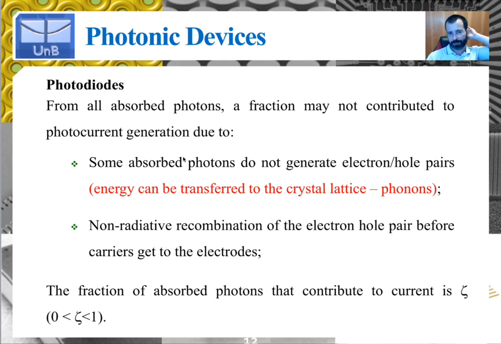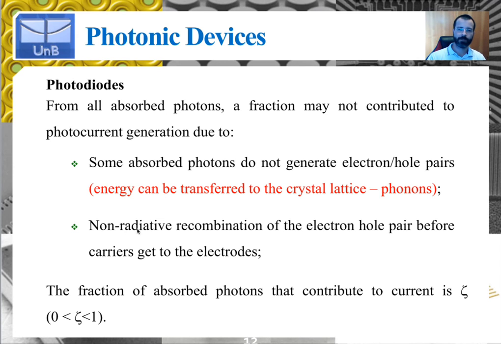For example, this energy associated with the photon can be converted into phonons or into vibrational energy, modes of vibrational energy of the crystal lattice, basically be converted into temperature, and therefore not be used to generate electron hole pairs. So some of the photons can be lost in this way.